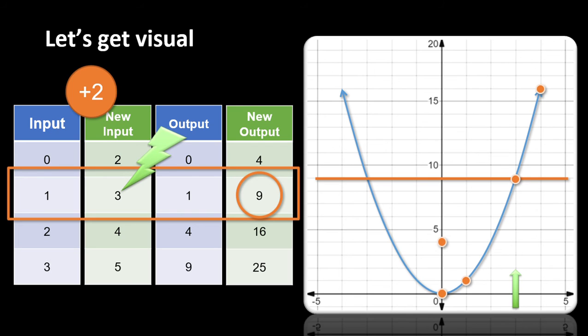So the output that I normally get when the input is 3 is 9, and I'm moving it closer to the origin, more towards the starting point, so that it takes the place of the input of 1. So when the input is 1, the output I'm getting is the output I normally expect when the input is 3.